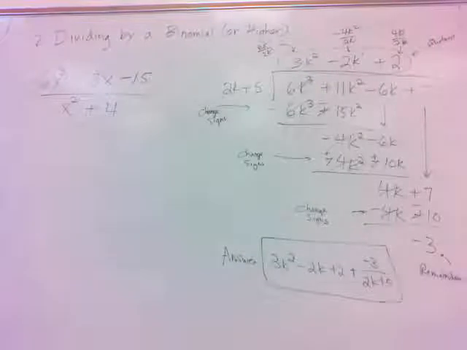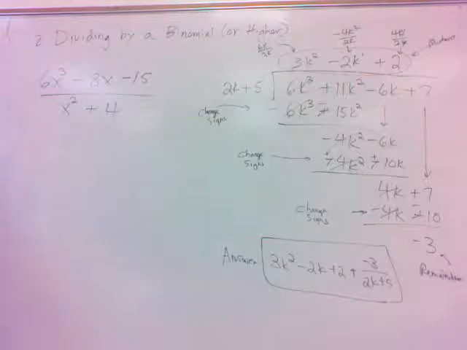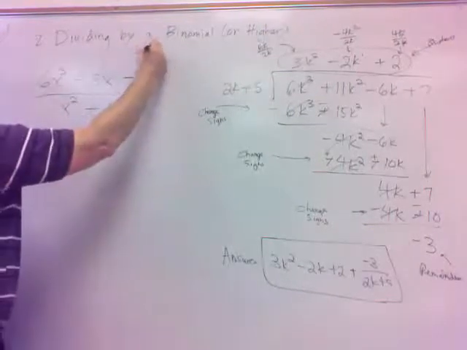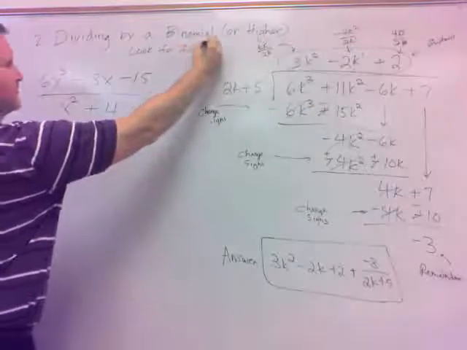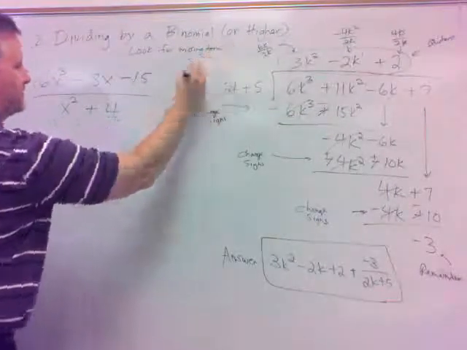Okay, well, first of all, let me point out one thing that we should always be on the watch for on these dividing ones: missing terms. Be sure to look for missing terms, because those can really mess you up.